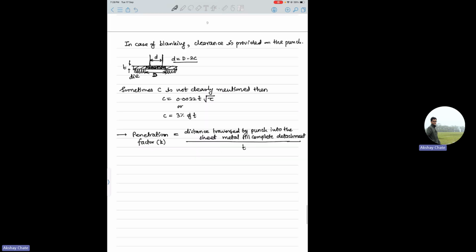So this penetration factor usually should be less than 1, then only it is beneficial for us.